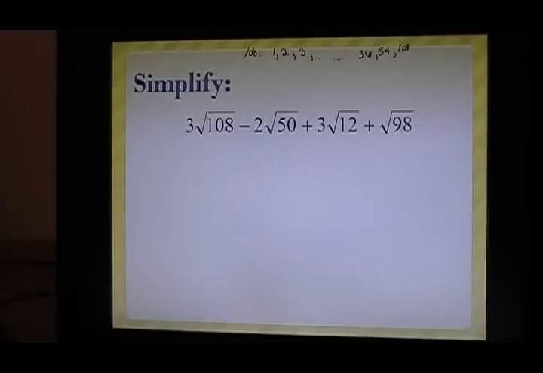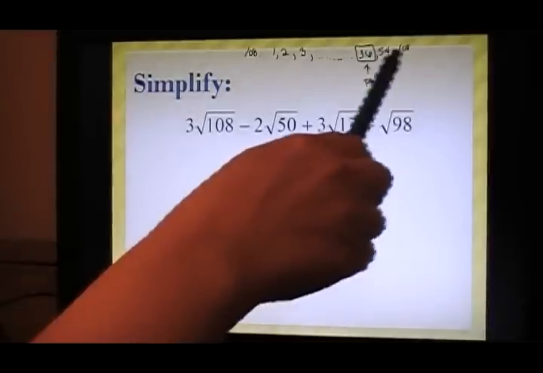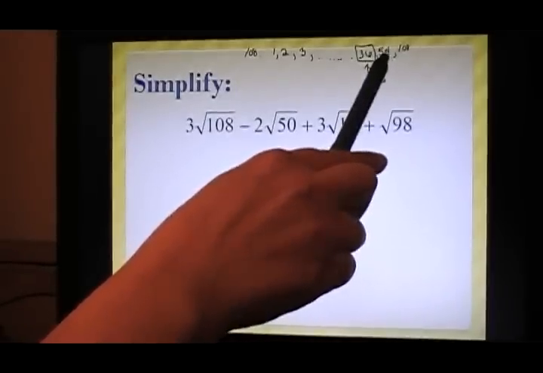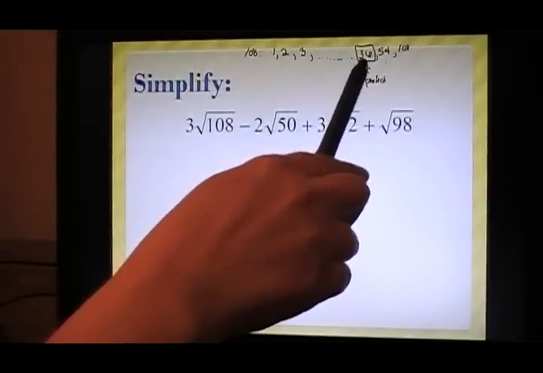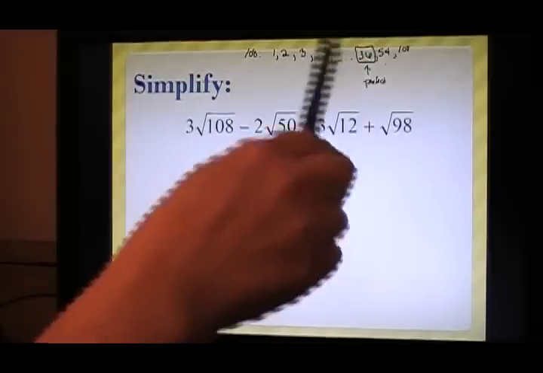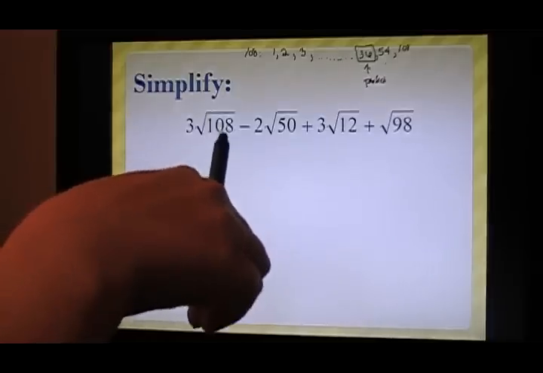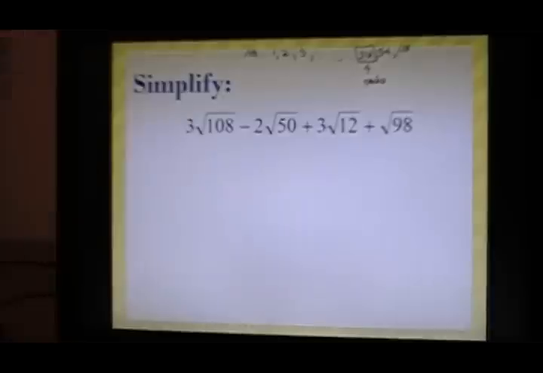And you can keep on going, but I've come up with a number that is a perfect square. Okay? And I'm always looking for the largest. And since I know I've gone in order, 108's not a perfect square, 54 is not a perfect square, so 36 is the largest perfect square that goes evenly into 108.